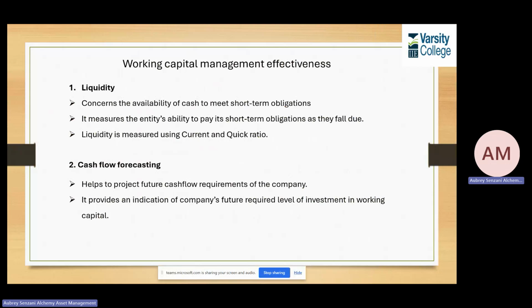So this is how much we're going to need on this specific day. So therefore we need X amount of rands in the bank to go and buy these. Or we need access to creditors that we can buy on credit with in order to fund this, then the third. It provides an indication of a company's future required level of investment in working capital.